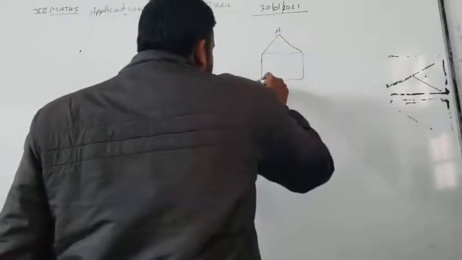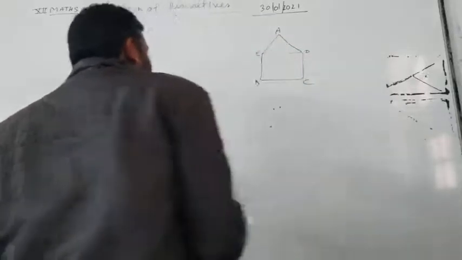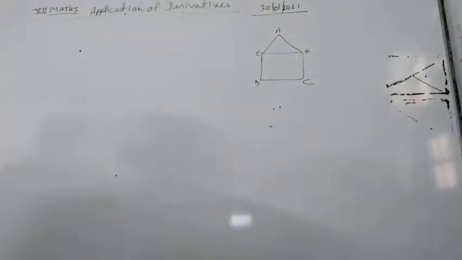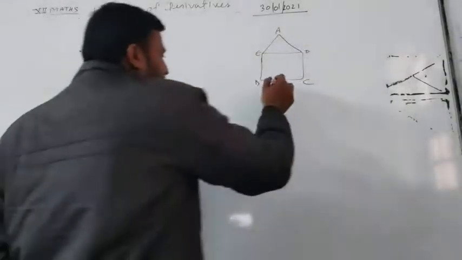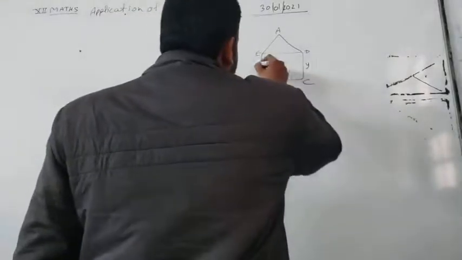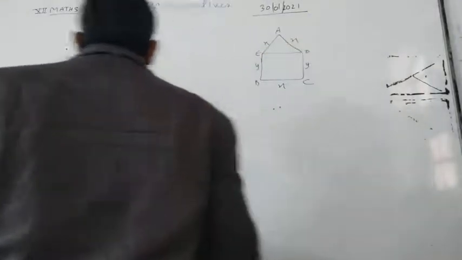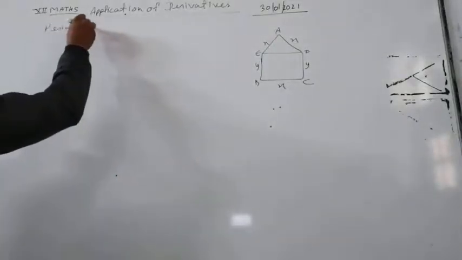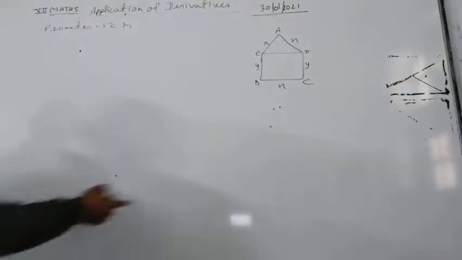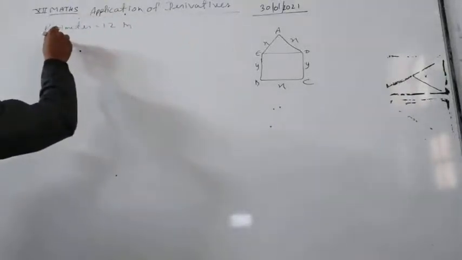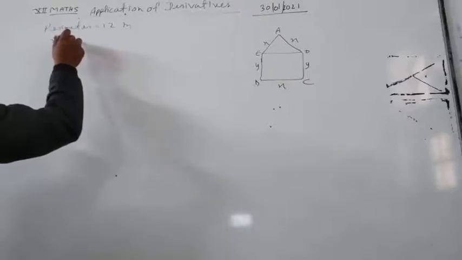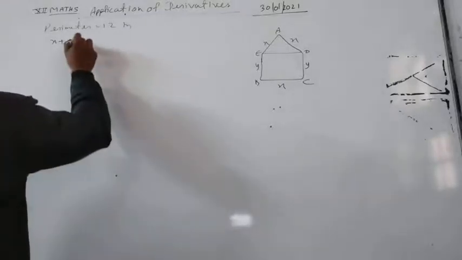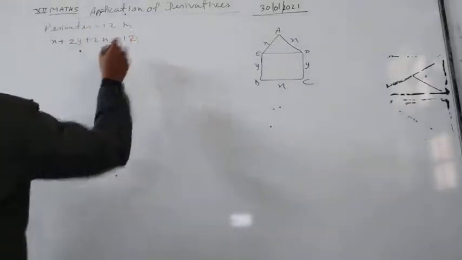A, B, C, D is our window whose length we are taking as x and y, and x and x. The perimeter is given as 12 meters, and the perimeter of this window is x plus 2y plus 2x equal to 12.